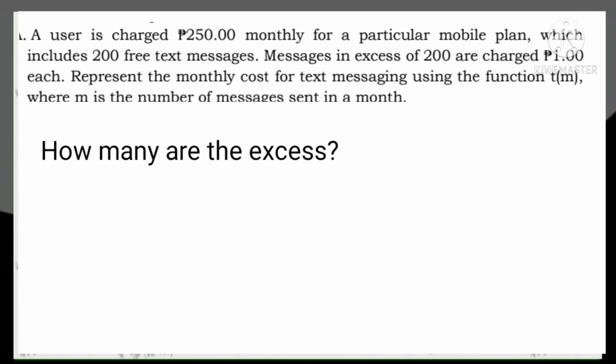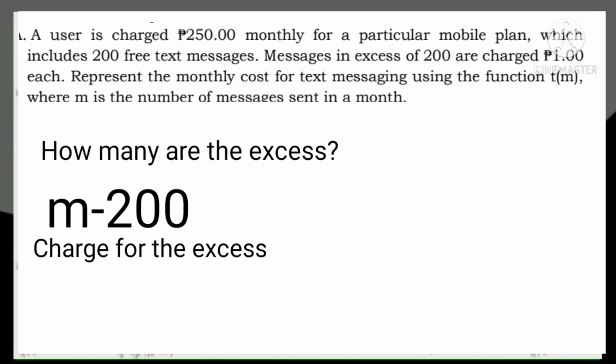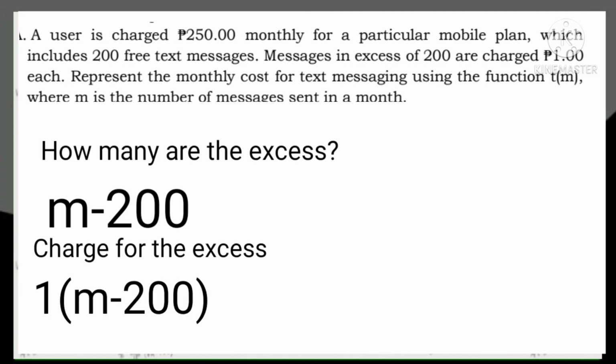Since the number of messages sent in a month is represented by m, therefore, the formula in finding the excess is m minus 200. Given that the excess is m minus 200 and the charge is 1 peso each, therefore, the charge for the excess is 1 times m minus 200.